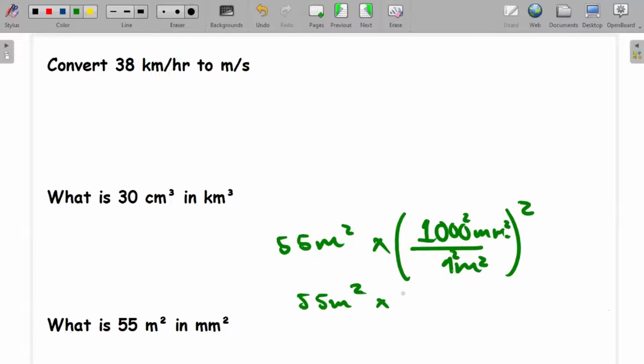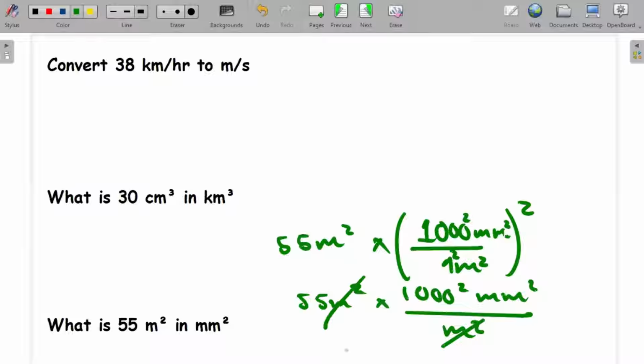So I'm going to have 1000 squared, millimeter squared, over meter squared here, since 1 squared is still the same as 1. This meter will cancel out with this meter that we have here. That means I'm remaining with 55 multiplied by 1000 to the power 2 square millimeters. If I plug that into my calculator, I'm getting an answer which is equal to 55 million.